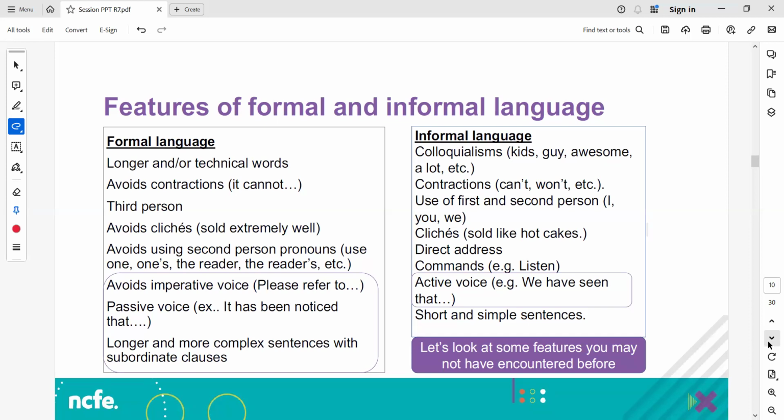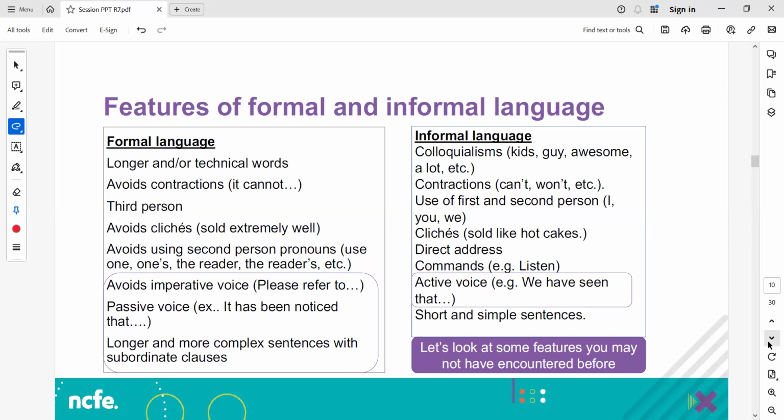The use of the first and second person, so I, you, we. Clichés, as in the example I gave previously: an informal text about something being sold might use clichés like "sold like hotcakes". Direct address, so "You'll love this new restaurant we went to last week", the use of "you".